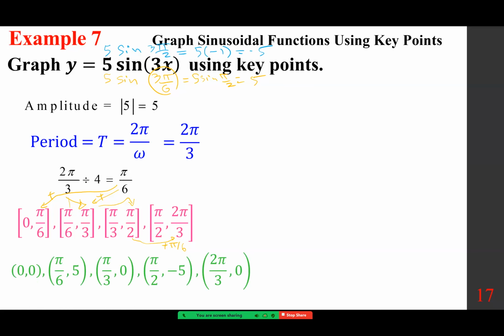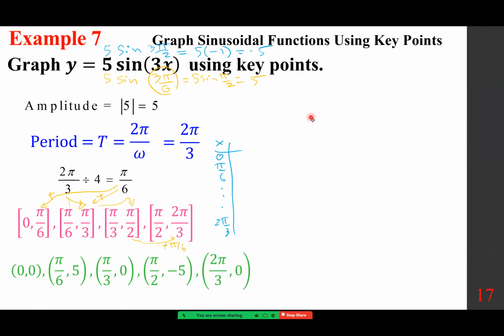Again, simple evaluation. Evaluate the function at the endpoints 0, pi over 6, all the way to 2 pi over 3. And that's what we get here: 0, 0, pi over 6, 5, pi over 3, 0. I showed you those, and you can figure it out. So just plug in.